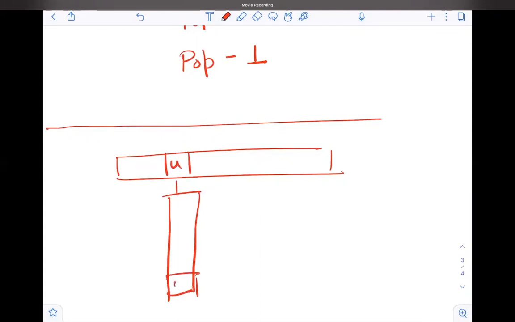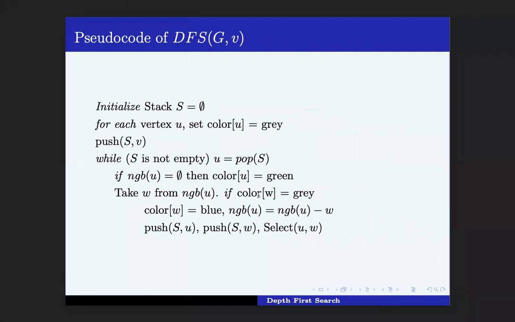So if the last one is W, I can remove W by shortening the array from the end. And this is what we can do. I can remove W from the neighborhood of U, then push U back in, then push W in, and you select this. And this is all that you do.